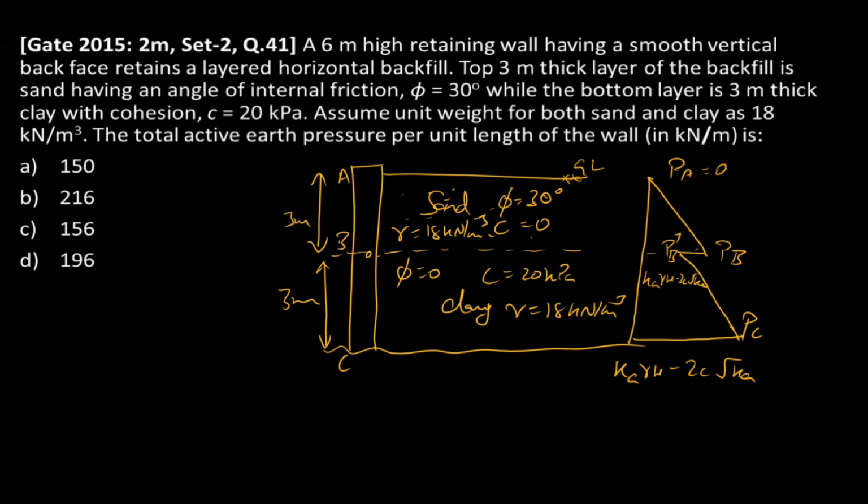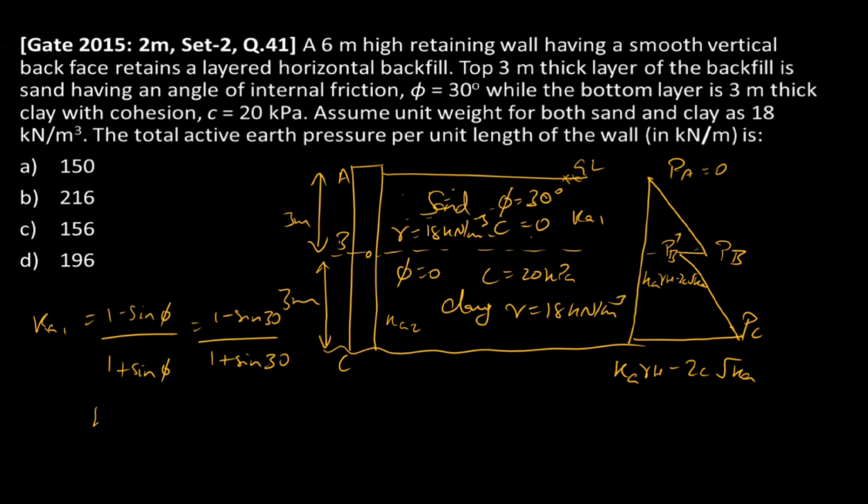So we will calculate all these values, and we will consider Ka1 for sand and Ka2 for clay. So we'll calculate Ka1. Ka1 will be 1 minus sine phi divided by 1 plus sine phi, which is 1 minus sine 30 over 1 plus sine 30.